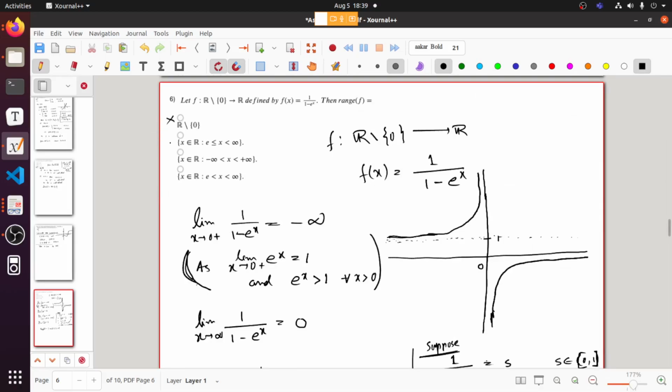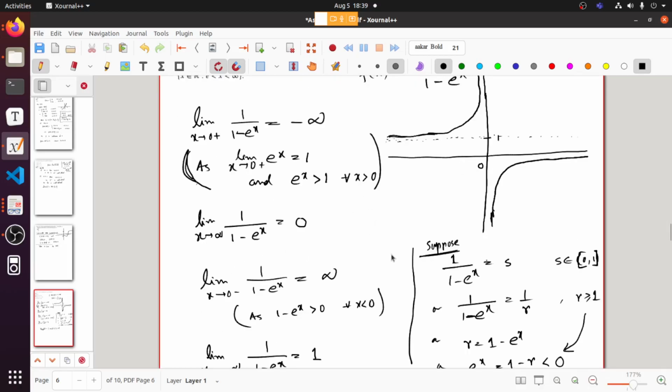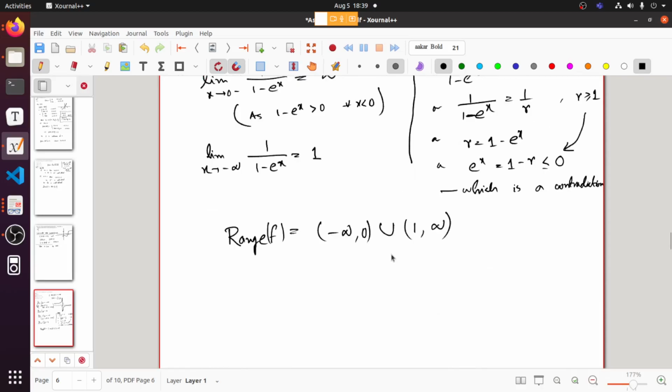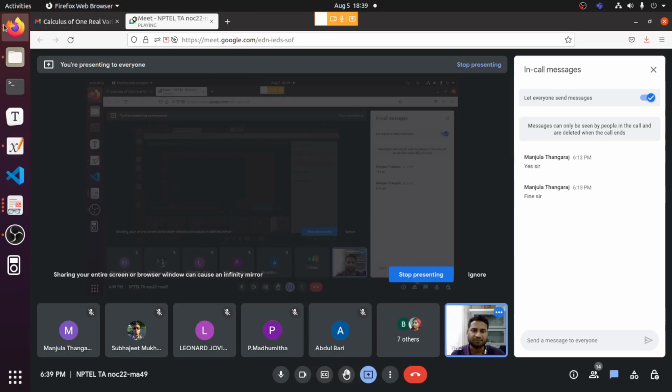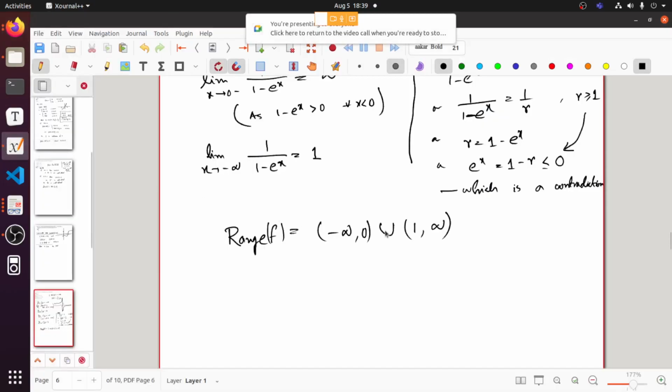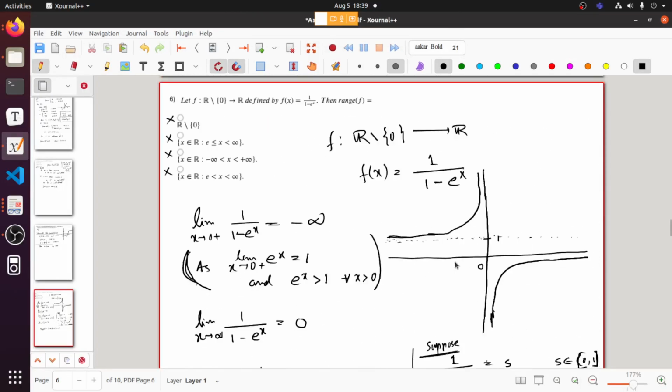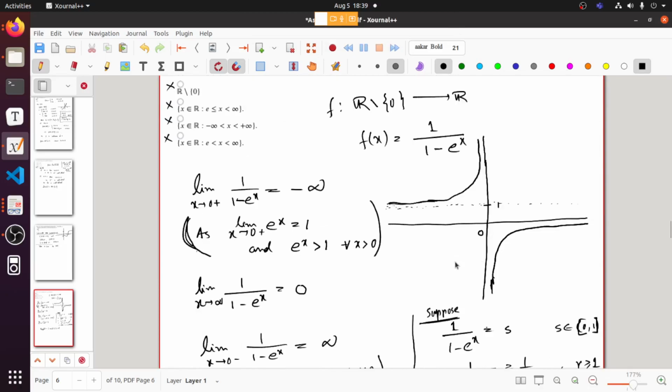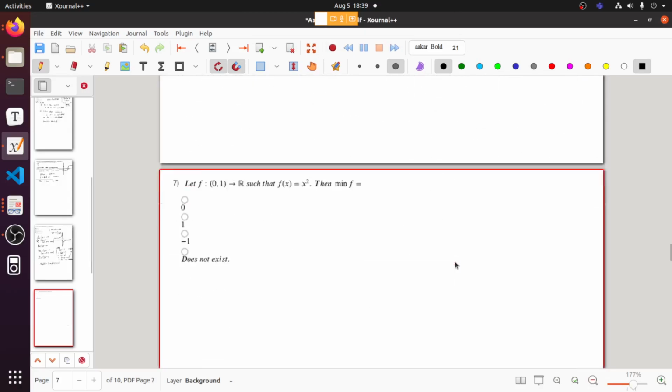Oh, I think all the answers are incorrect, so no option is correct. So the range of f is minus infinity to 0 union 1 to infinity. Is this fine? Any doubt with this? Okay, if this is fine, now move to the next question.